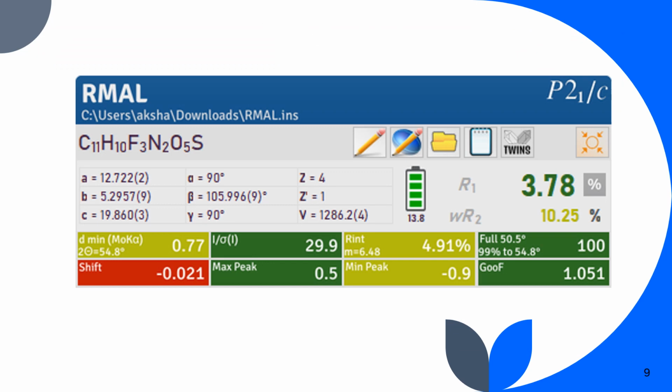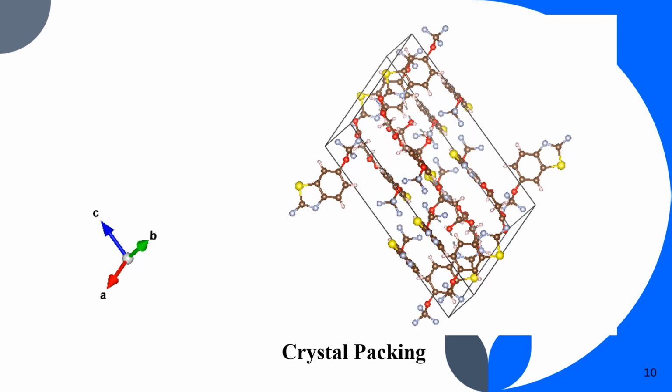And here is again the data where we can conclude the R factor, which is also promising, 3.78, and R int and other values, which tell about the internal R factor we just discussed before, and the crystal packing of a crystal.